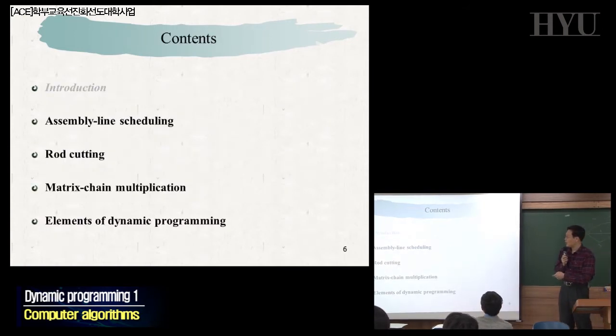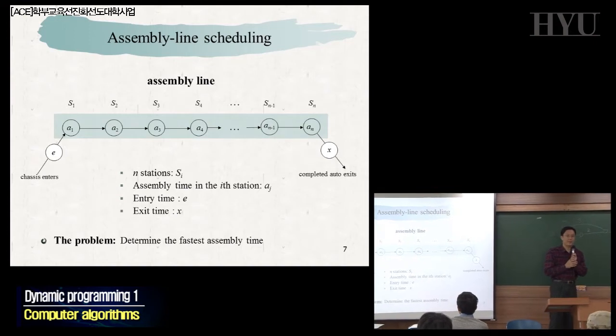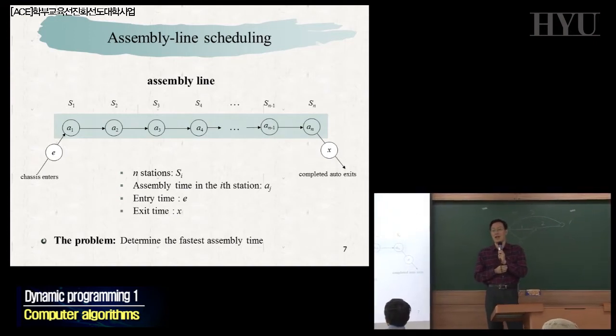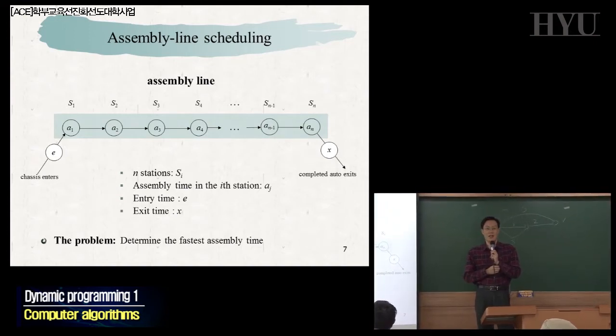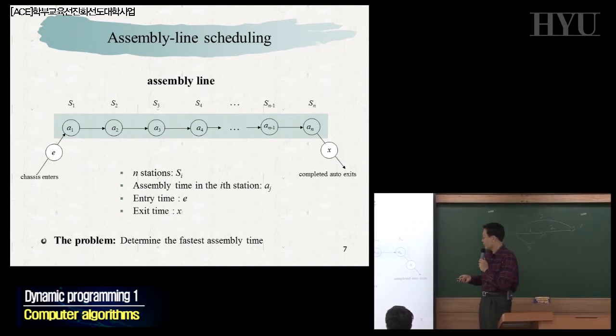And the example is assembly line schedule. Okay, let's see. Assembly line is like a conveyor belt in a car assembly line. Look at this.